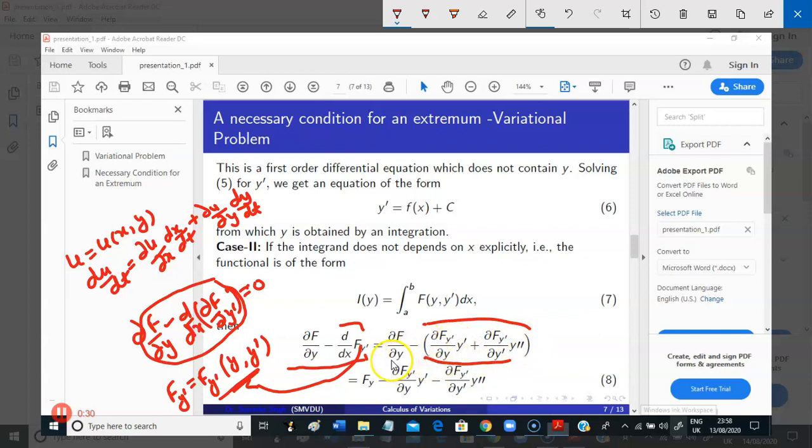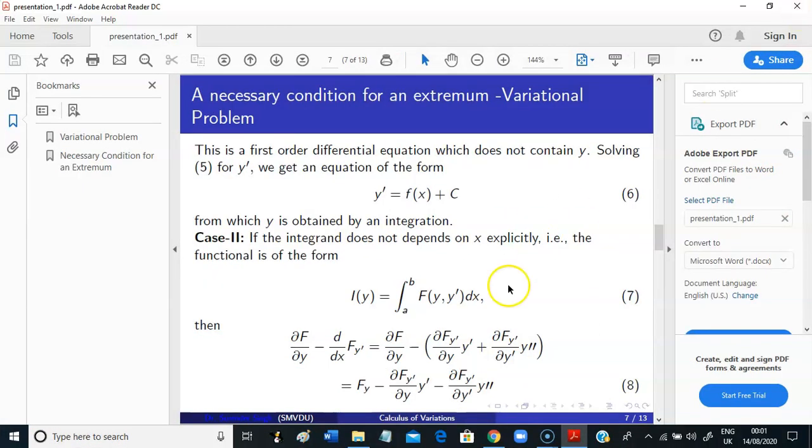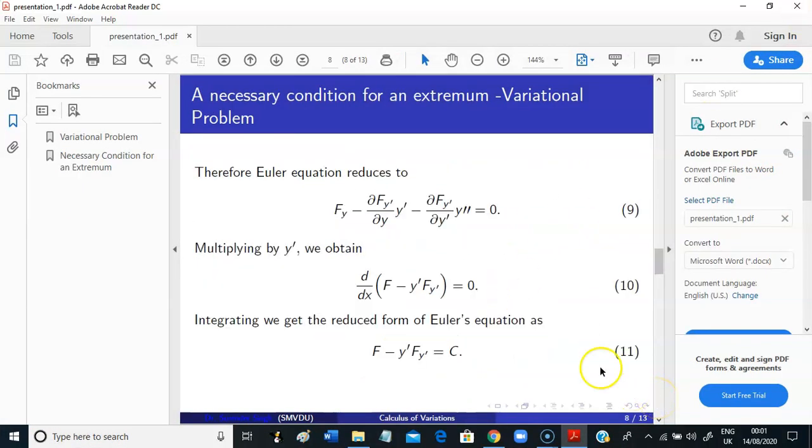Consequently this thing can be written like this: the partial derivative of F with respect to y, and these two terms are written like this. So this left hand side part of the Euler equation is equivalent to this equation. Now equating this to 0 gives you the Euler equation. In the second case, your Euler equation becomes this one.